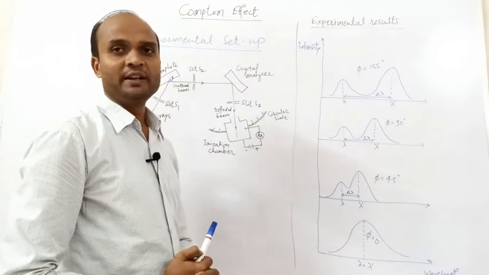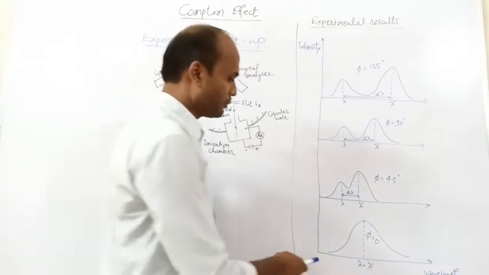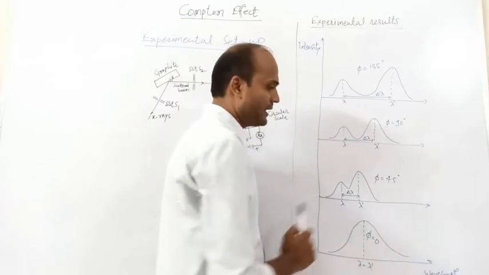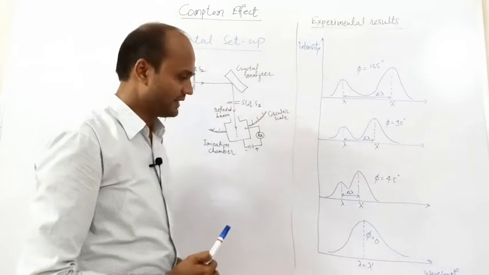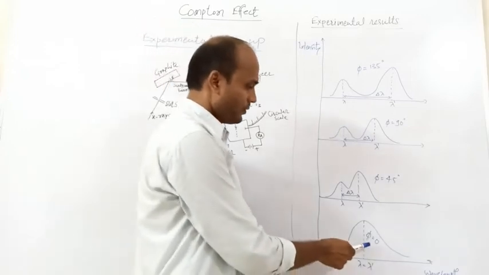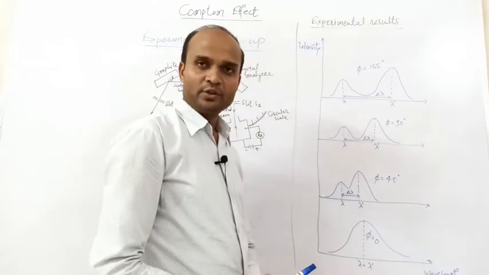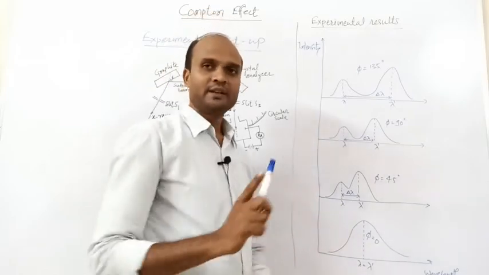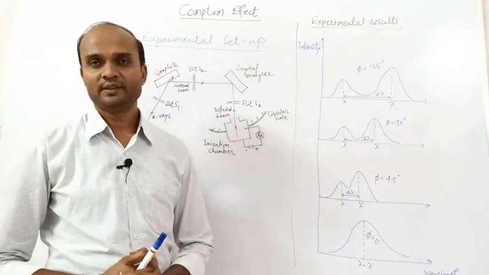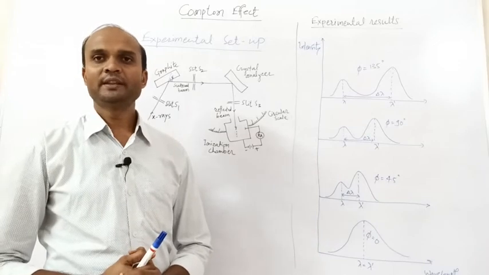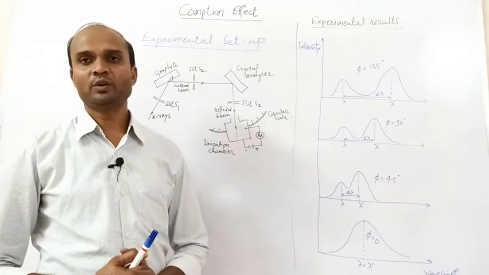From the experimental results, it is observed that when we plot the graph between wavelength and reflected intensity, when scattering angle phi is equal to 0, we get only one peak. Only one peak means there is no modification in wavelength. No modification in wavelength means Compton shift is equal to 0.